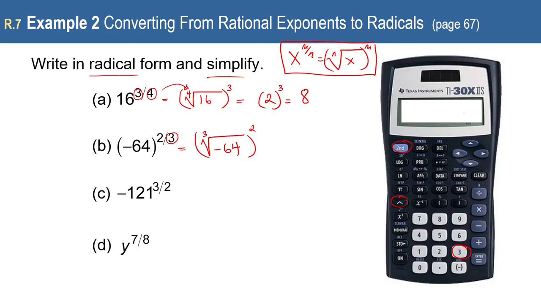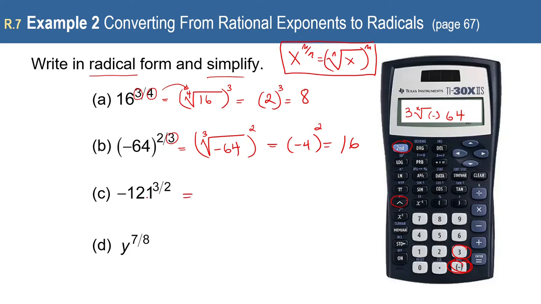What that's going to do is give something that looks like a small 3 and a radical symbol. So that's the cube root, and you want to enter a parentheses for the negative, then put 64 and press equal. When you press enter, you will get negative 4. Make sure the inside of the parentheses is negative 4, but we still have to square this, and that's just positive 16.